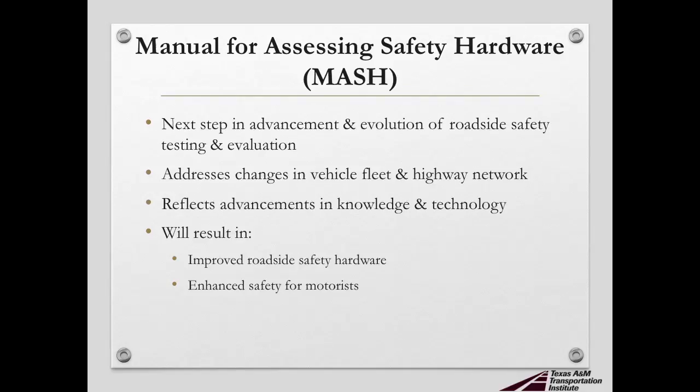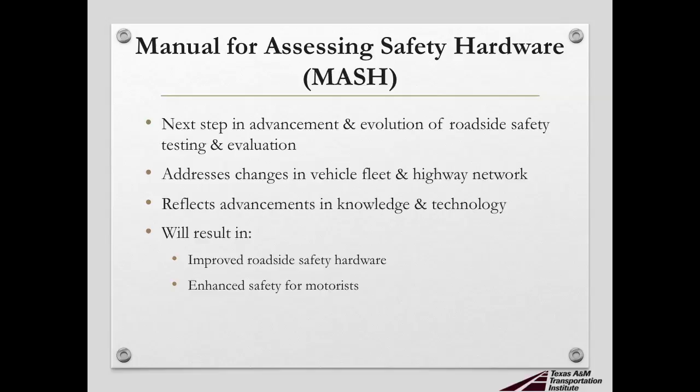We heard from Dr. Rosekind at lunch that we continue to have a very sizable roadway safety problem, with still over 32,000 deaths. So we need to continue to look for ways to improve, ways to enhance our safety hardware, ways to have some new significant advancements. That's what MASH represents to us. It's basically the next step in that advancement or evolution of roadside safety testing and evaluation.